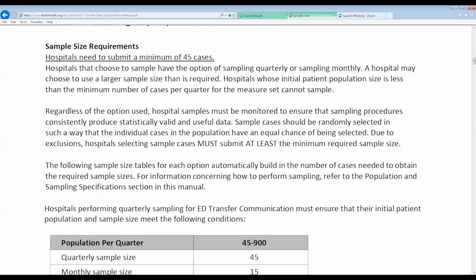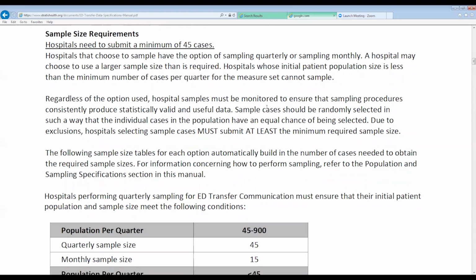So what this is saying is if you see less than 45, you do all of them for the quarter, okay? If you see more than 45, you can do as many more as you want. You could do all of them if you wanted, or you could choose a sample size that's greater than 45, but a minimum of 45 if you see more than that.